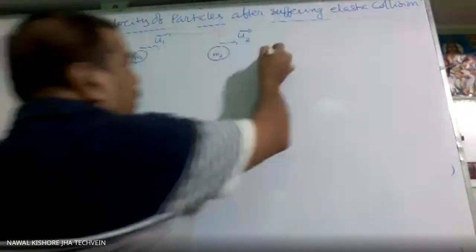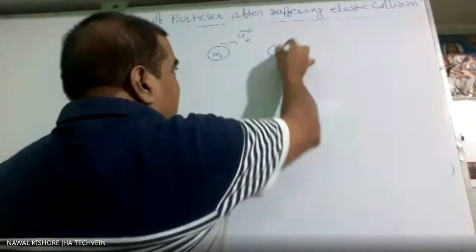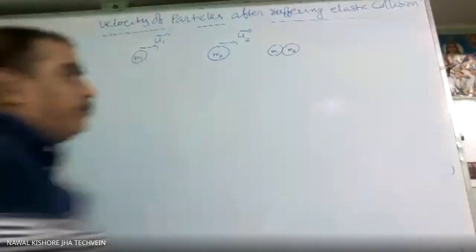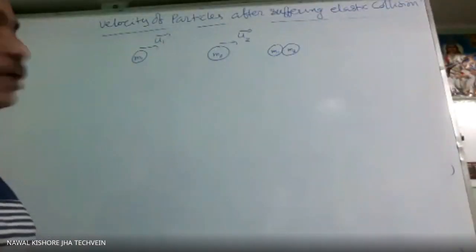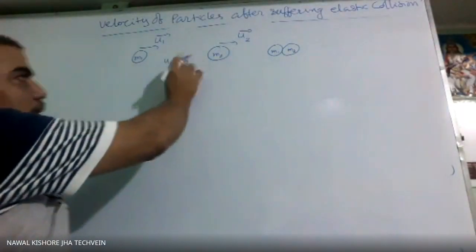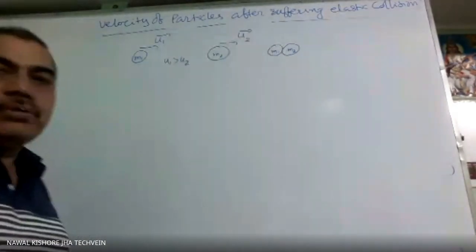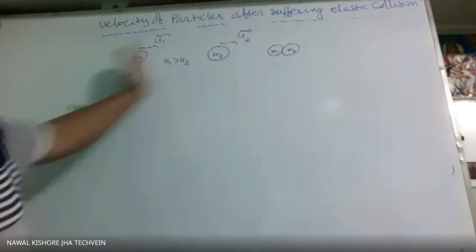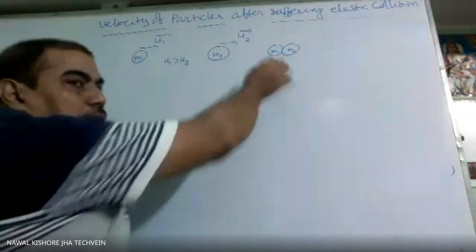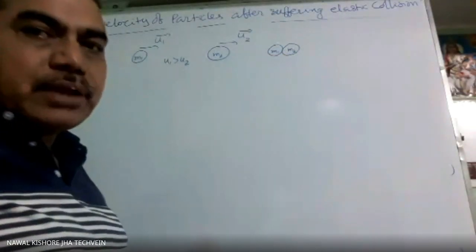So suppose after traveling some distance, these two collide. When the magnitude of u1 is more than u2, this ball strikes this one. Now during some time there is interaction between them.